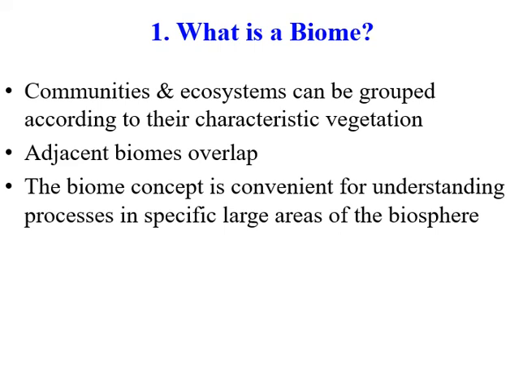So you can look at communities. You can look at ecosystems as well, because ecosystems are what are, in addition to the living parts of an area. But that's what we're going to focus our attention on later. But basically, these big swaths of land can be grouped according to the type of vegetation that they have there.